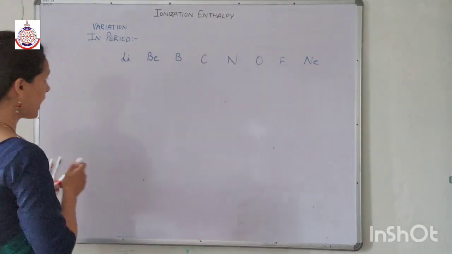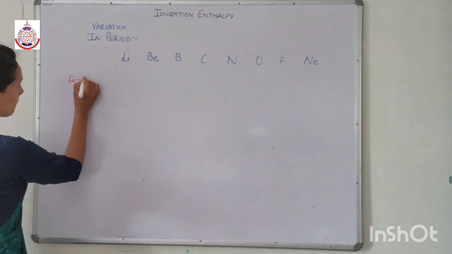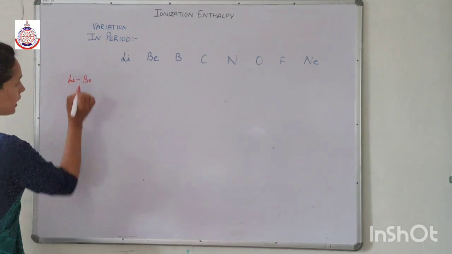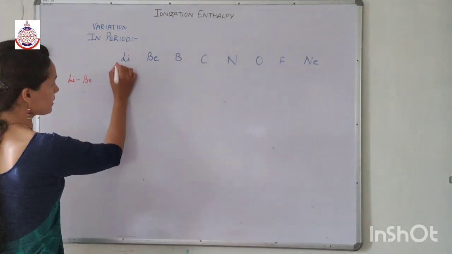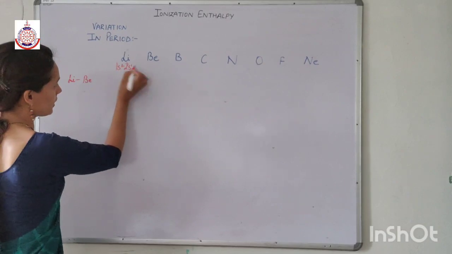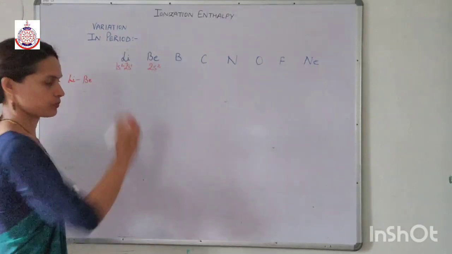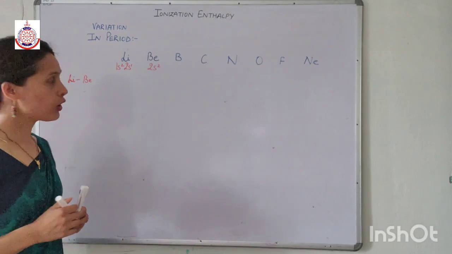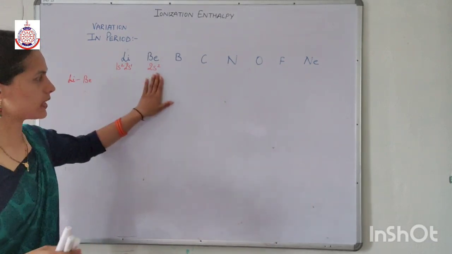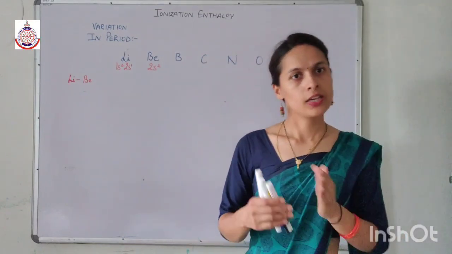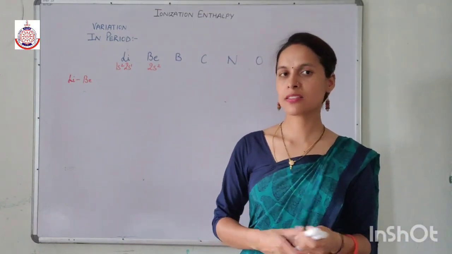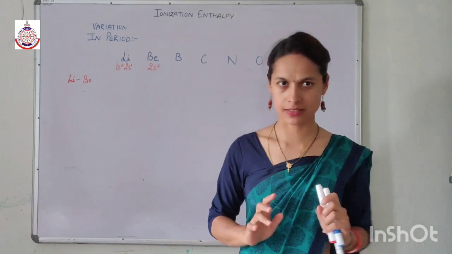Now, as we move from lithium to beryllium, the electronic configuration of lithium is 1s2, 2s1 and that of beryllium is 2s2. What happens? Atomic size decreases, so nuclear force of attraction increases.